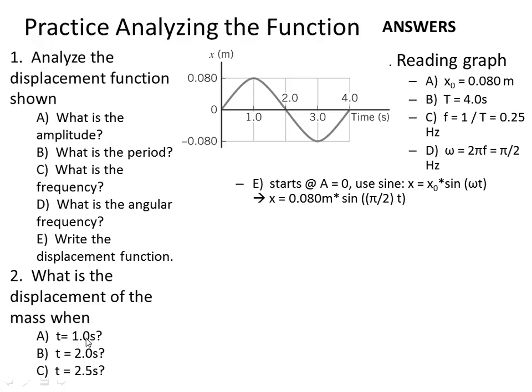If time is equal to 1 second, all I've got to do is plug this in. I got to say 0.08 sine, parenthesis, pi over 2, and then times 1. Remind me what pi halves is in terms of degrees. 90 degrees.